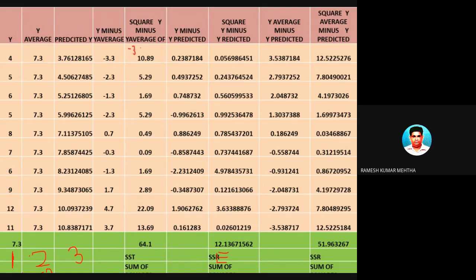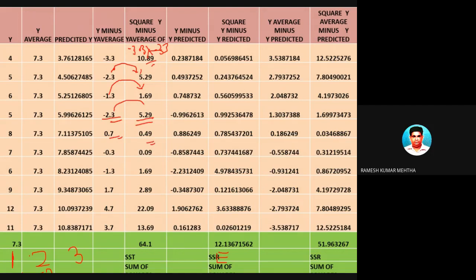Minus 3.3 into minus 3.3 is equal to 10.89. The square of this one is 5.29. The symbol doesn't affect it, because minus into minus is plus, and plus into plus is plus. So 2.3 into 2.3.